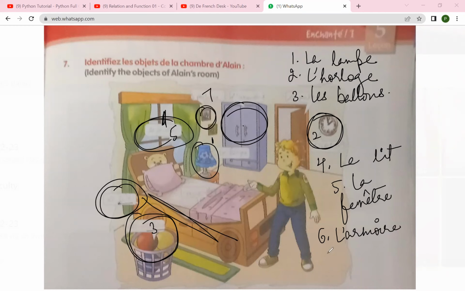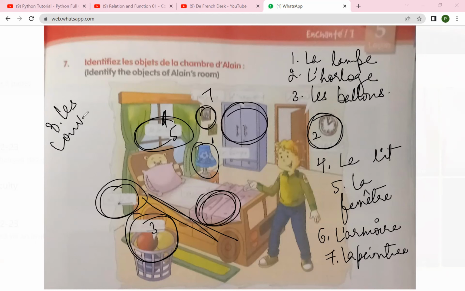That is la peinture. That is the painting. And this here is the bed sheet. And the French noun for bed sheet is les couvertures. Okay, wait. This is blanket, right? So the French noun for blanket is couverture. Okay.